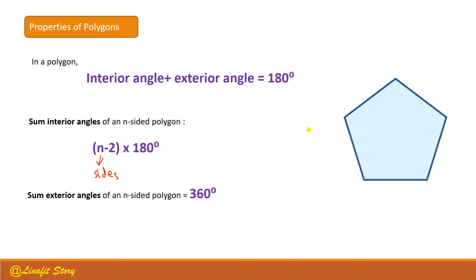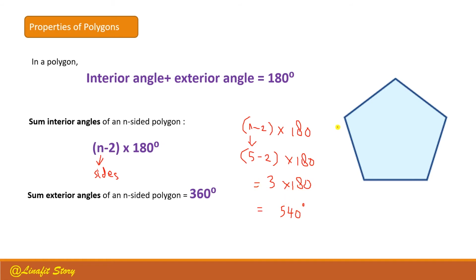For example, this is a regular polygon. This is a pentagon. There are 5 sides. So the sum of interior angles of this pentagon is equal to n minus 2 times 180. There are 5 sides, so n is equal to 5. 5 minus 2 times 180, 3 times 180 is equal to 540 degrees.